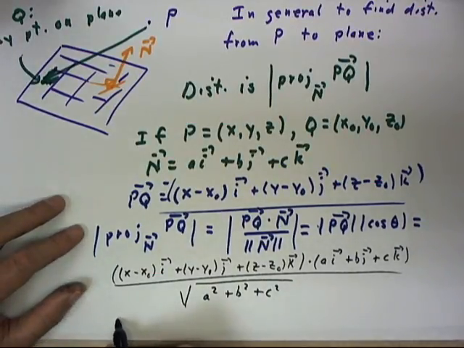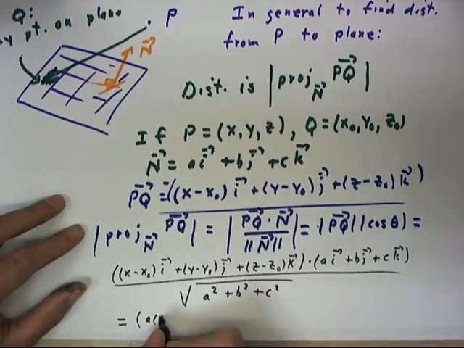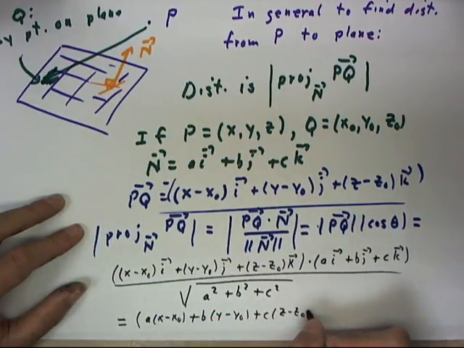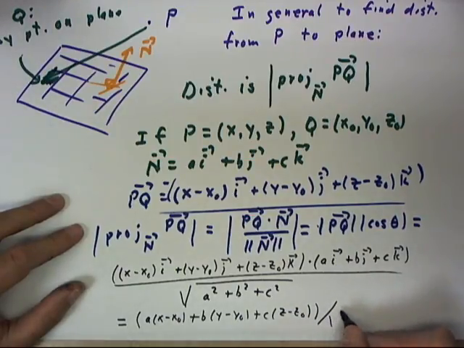Okay, and this then equals the quantity a times x minus x naught plus b times y minus y naught plus c times z minus z naught, that quantity divided by the square root of a squared plus b squared plus c squared.